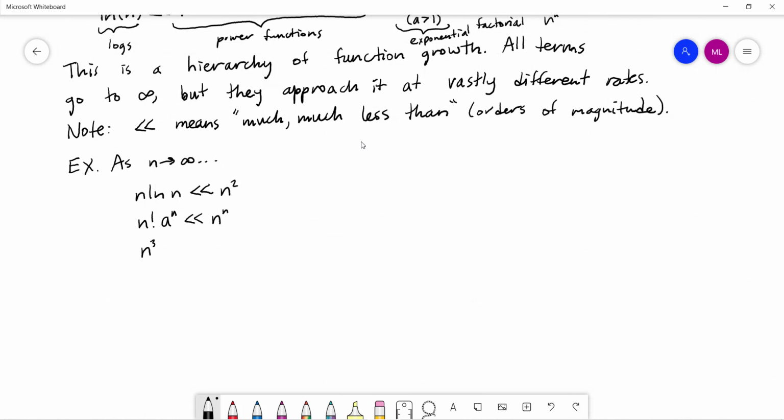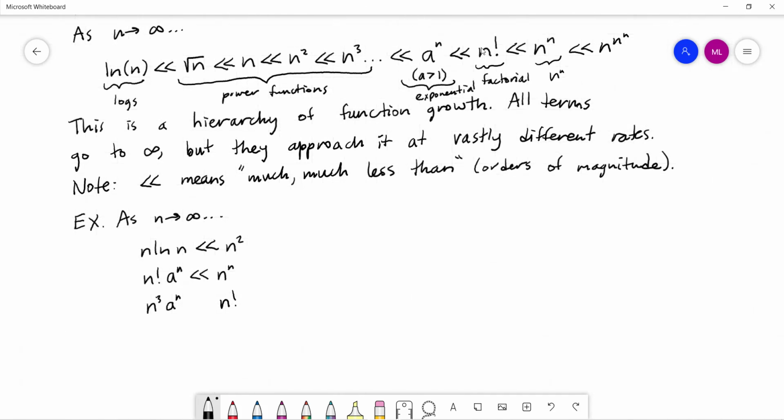N cubed times a to the n, how does that compare to n factorial? Same idea. N factorial is in a larger category. There's no combination of this and anything to the left that can make these things supersede this. So it's going to be much, much less than that value there.